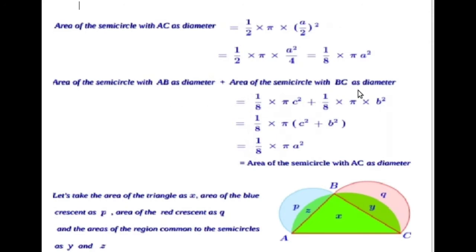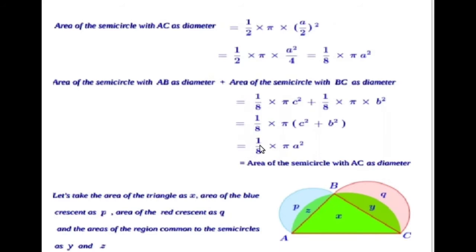Then the area of the semicircle with BC as diameter is equal to 1 by 8 pi b square. So 1 by 8 and pi are common, so take them outside. Then inside the bracket we have c square plus b square. And what is c square plus b square? Yes, we know that c square plus b square is equal to a square.